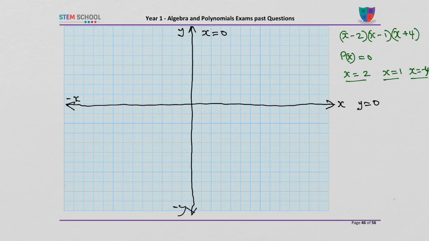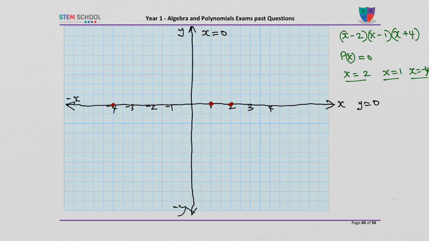So if this is 1, 2, 3, 4, minus 1, minus 2, minus 3, minus 4. My coordinates will be at y equal to 0, or y is p of x. So one coordinate is that one here, and the other coordinate is that one there, and minus 4.